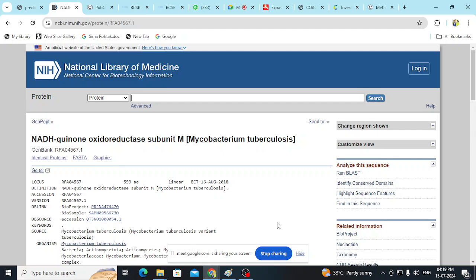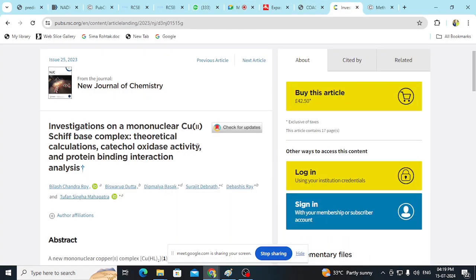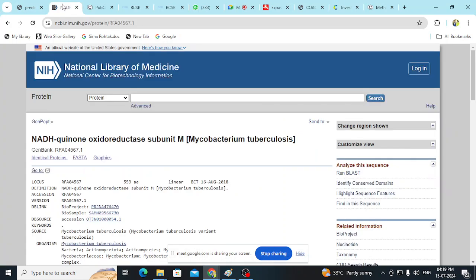Clearly understand. Here also we can see similar activity in this research paper, where some entity is acting as a redox reaction intermediate. This is NADH quinone oxidoreductase. As you all know, an oxidoreductase is an enzyme which cannot act on its own.